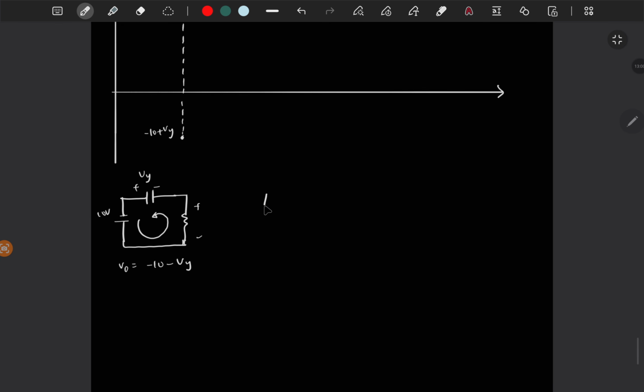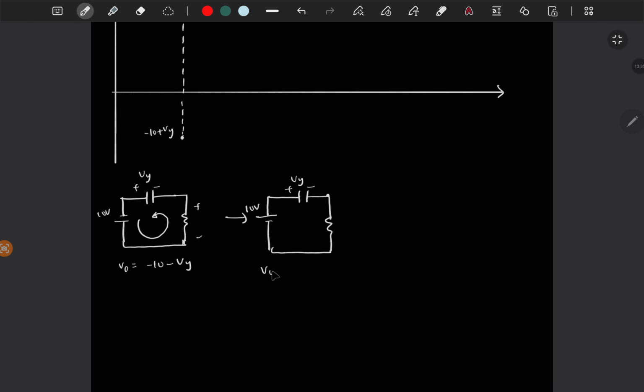So from here to here the input voltage is suddenly changed to 10 volt, but the voltage across the capacitor at the same time should remain constant, right? So it should be plus Vy only. So this is Vy and we have resistor. So the input voltage is changing, but the voltage across the capacitor remains constant. So this should change, right?